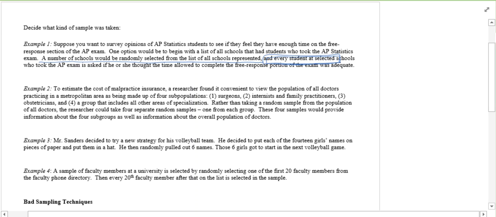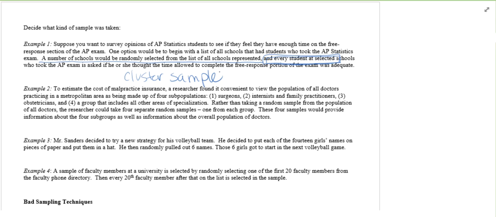They would be in the sample. So we randomly select and then we took everybody. What type of sample is that? That's going to be a cluster sample, because then every student was asked about the time on the test.